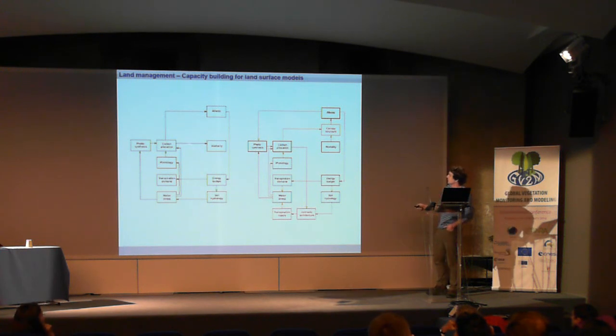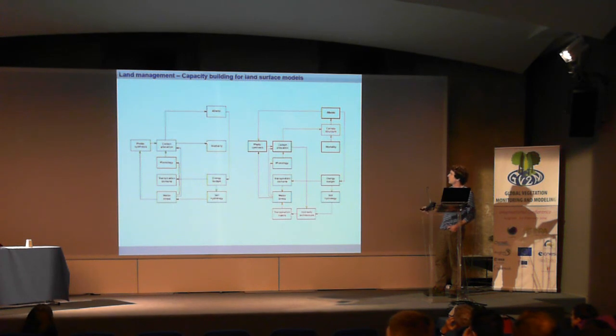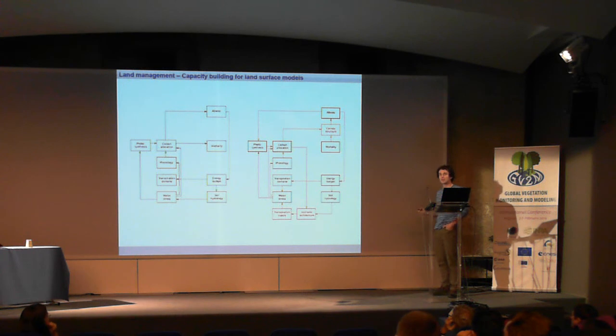So I'm sorry, but the key message I would like to show with this graph is that in black you see the current version of Orchidea LMDZ. We looked into the code and started thinking, is this model fit for what we want to do? Is this model up to the task of including land management?